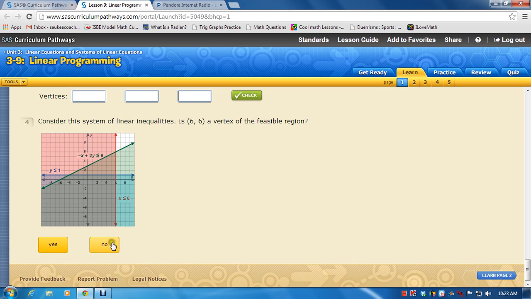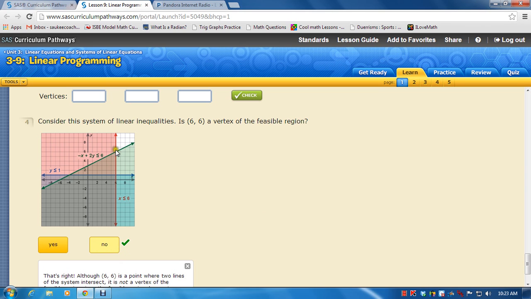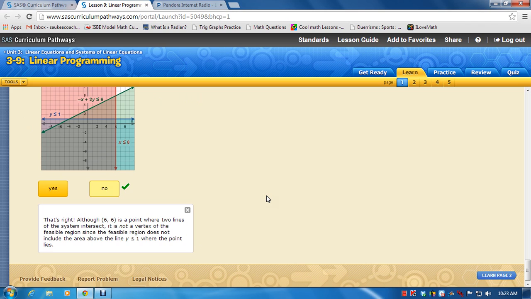Therefore, 6, 6 should not be a vertex of that feasible region. That feasible region is unbounded, and it runs from right there where my cursor is now to over where it is now, and extends downward. It extends all the way down here.